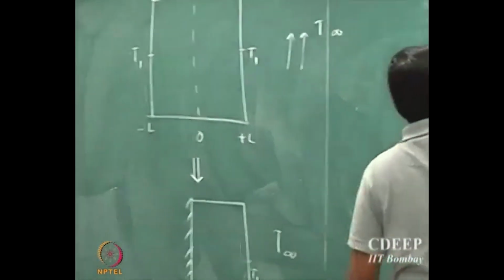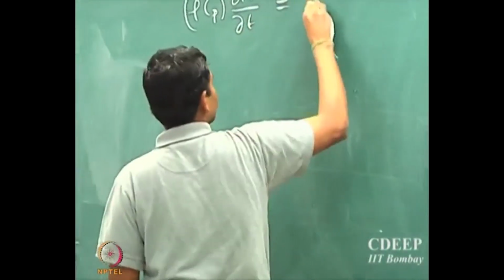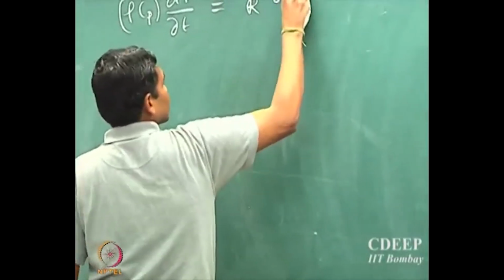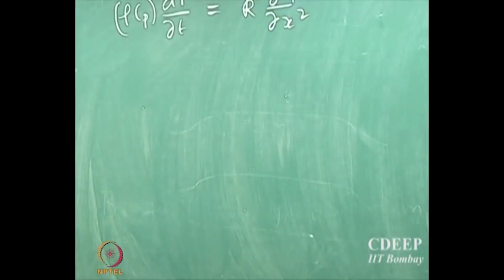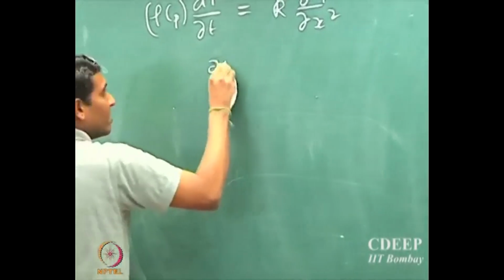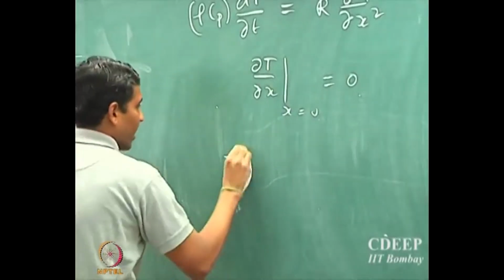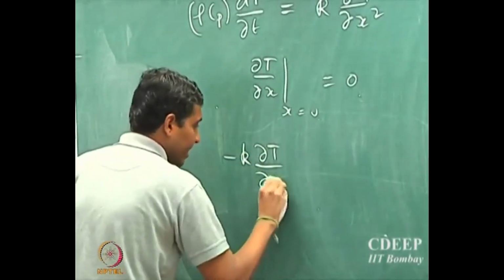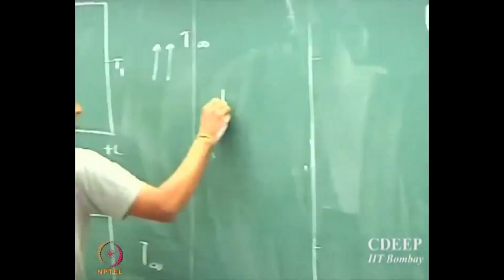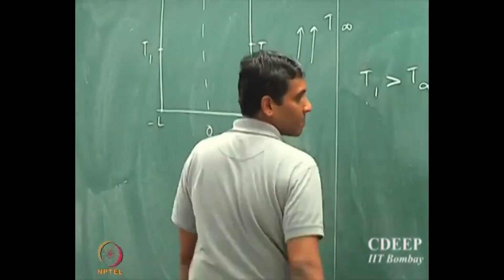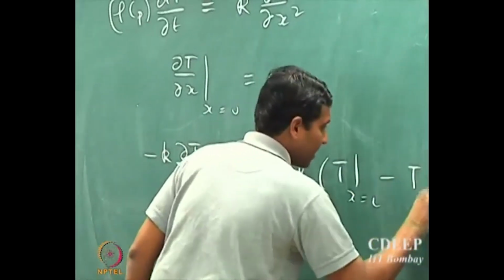There will be rho Cp dT by dt equal to k d2T by dx2. Note that it's a partial derivative now. The boundary conditions will be dT by dx at x equal to 0 is 0, and minus k dT by dx at x equal to L, if I assume that T1 is greater than T infinity, will be h into T at x equal to L minus T infinity.